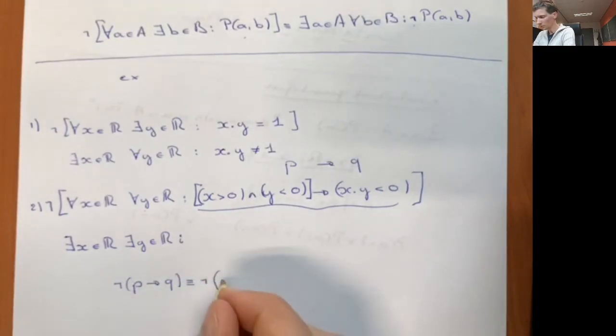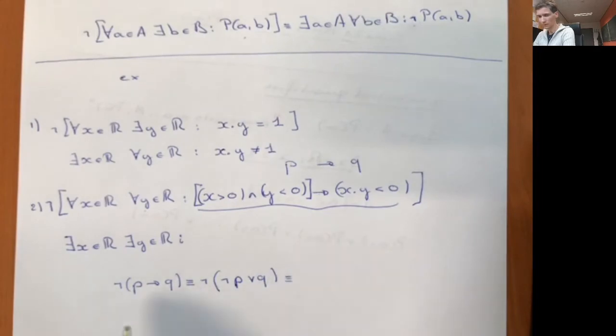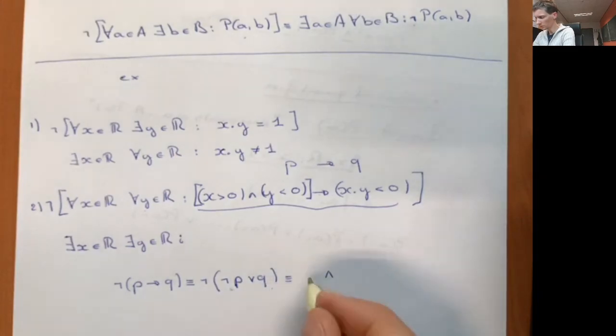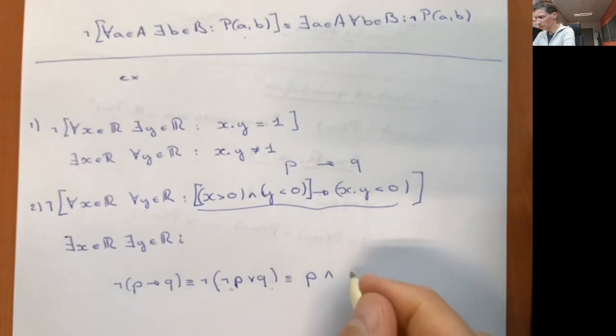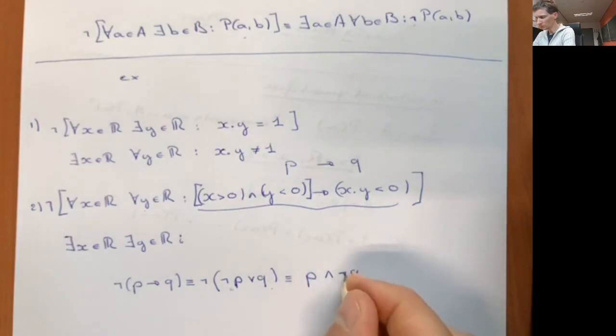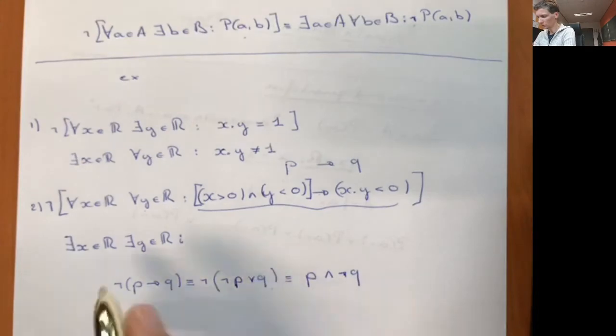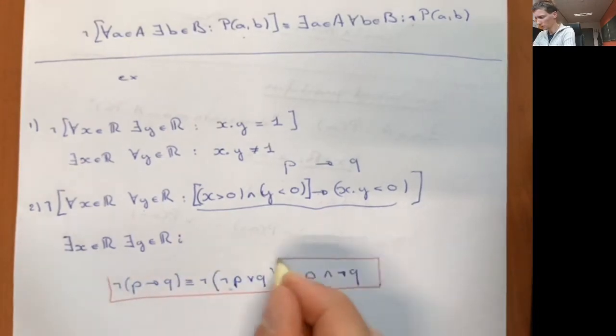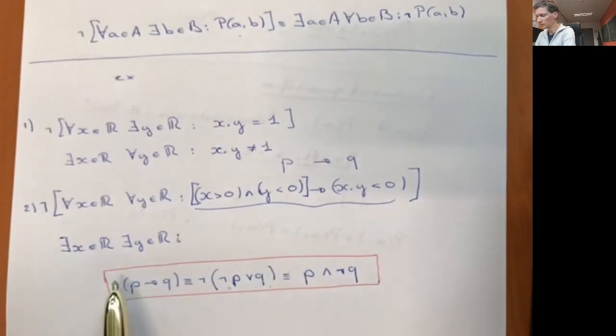Well, P implies Q was the same as not P or Q. And then using De Morgan's law, this is the same as changing the or into an and and negating both parts. So this becomes P and not Q. Okay, so this is something to remember. Negating an implication: if it's not the case that P implies Q, then P is true and Q is false.